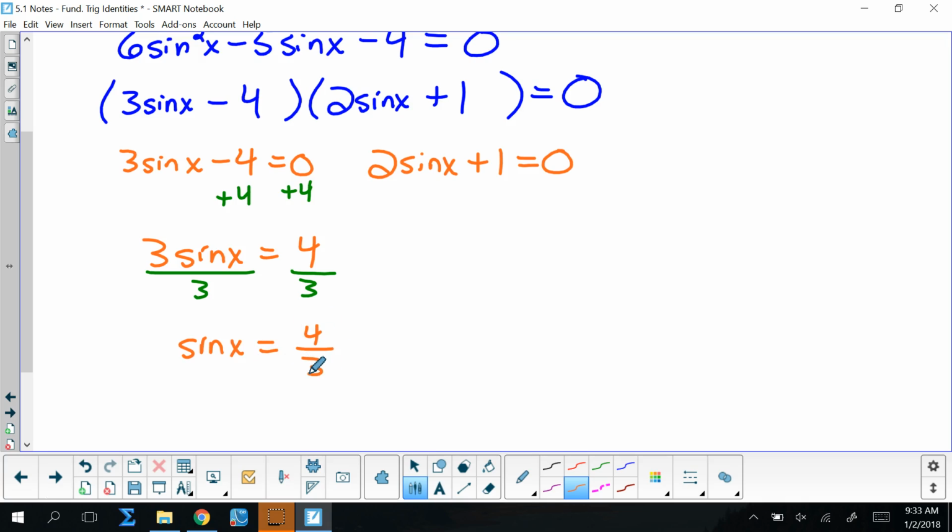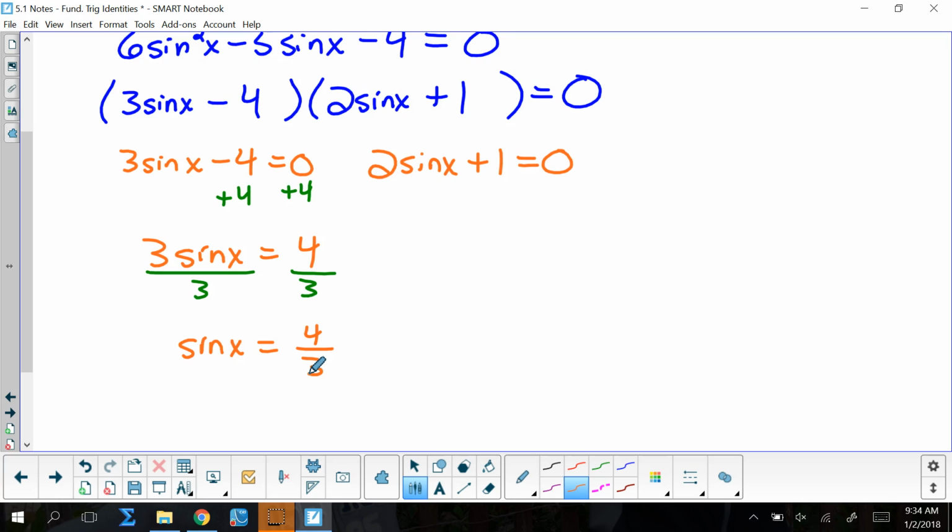Right? Where on the unit circle is the sine of x equal to 4/3? Why not? What's the range that it needs to be in? The biggest sine can get is? What's that? 1.